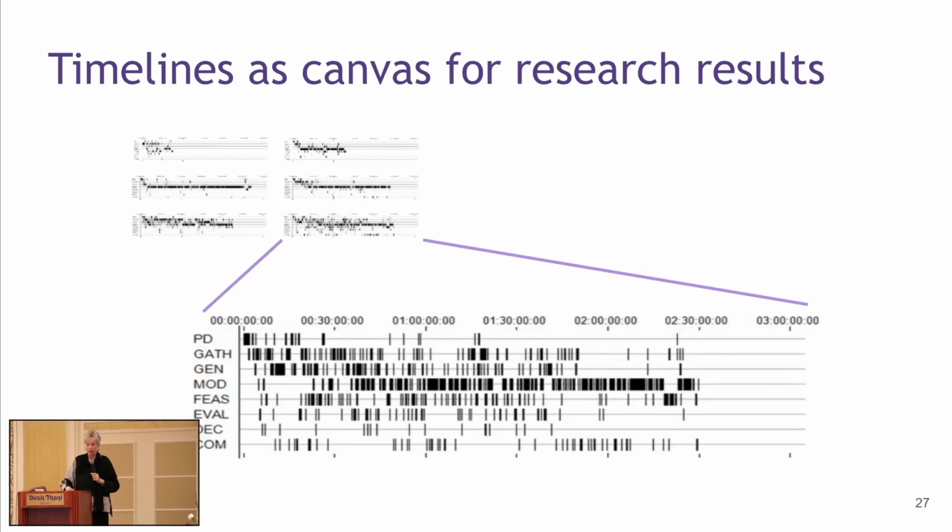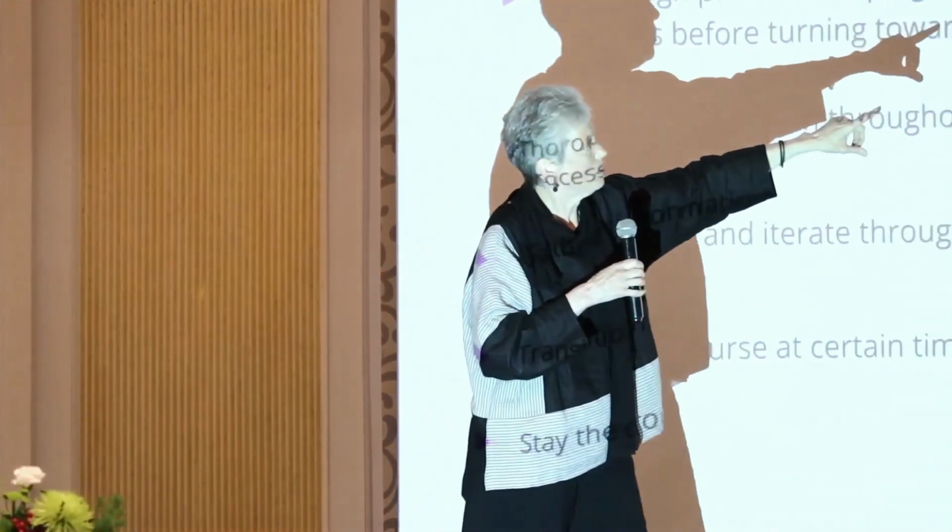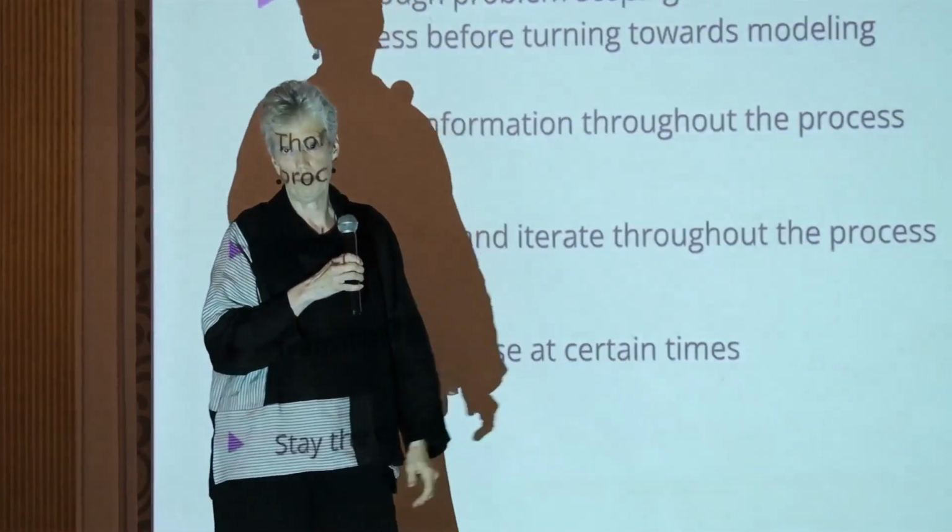Okay, so the timelines themselves end up resonating with a lot of people and are really a canvas for the research results. So I use the timelines to convey the top-level results that I try to teach students: moving towards more experienced design behaviors. You see thorough problem scoping at the start of the process before turning into modeling.